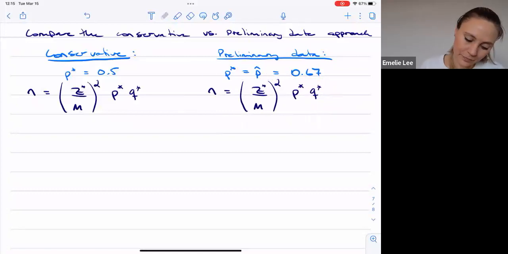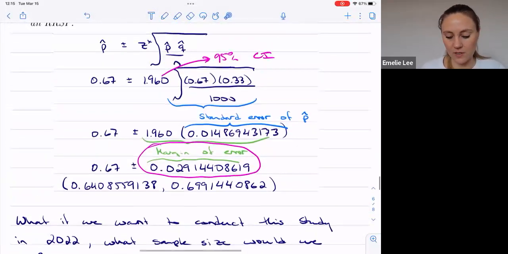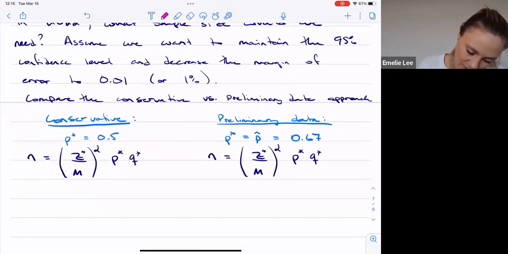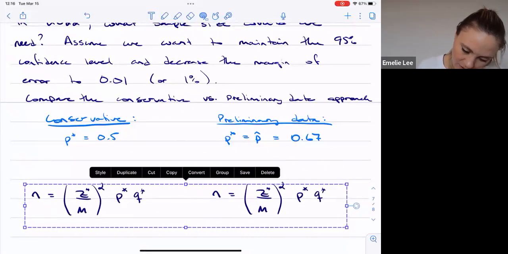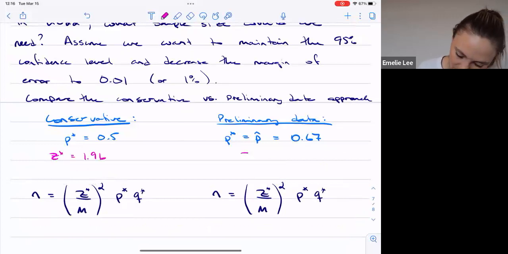Z star is going to stay 1.96 because that's what I need for a 95% confidence interval. You would change that if you wanted to change the confidence level. So Z star is 1.96 and Z star is 1.96.